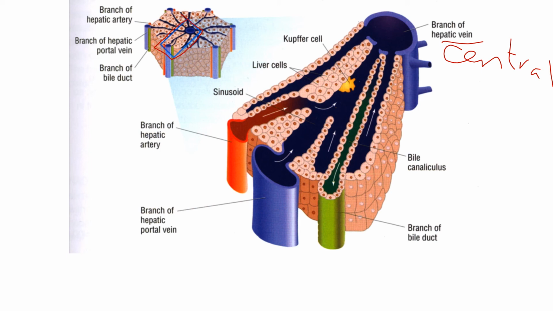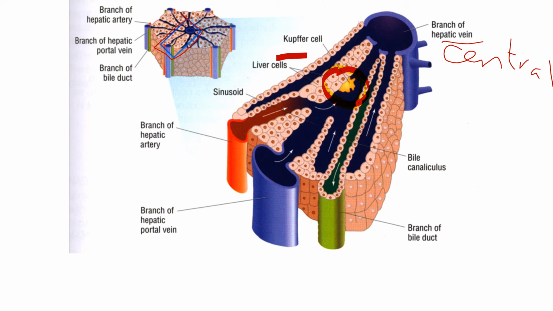Now you can see here, if I can highlight this, this special thing here is called a Kupffer cell. Kupffer cells are specialised macrophages, and what they do is break down those red blood cells that have come to the end of their natural life, and so that's where you get the production of the bilirubin.